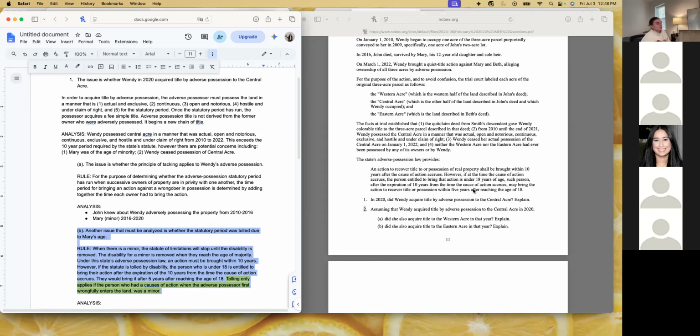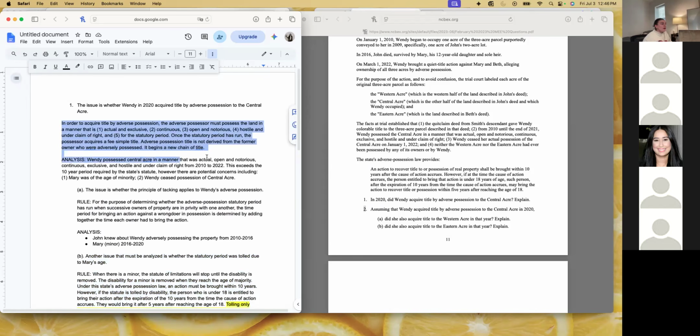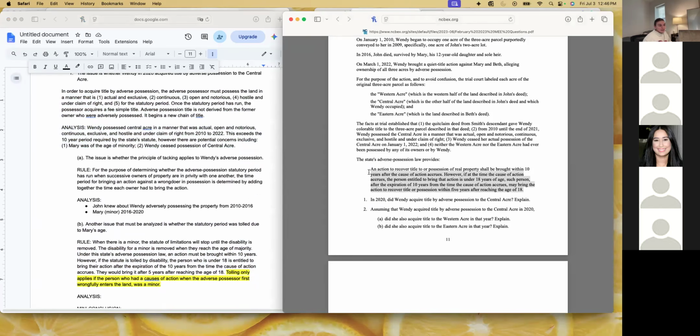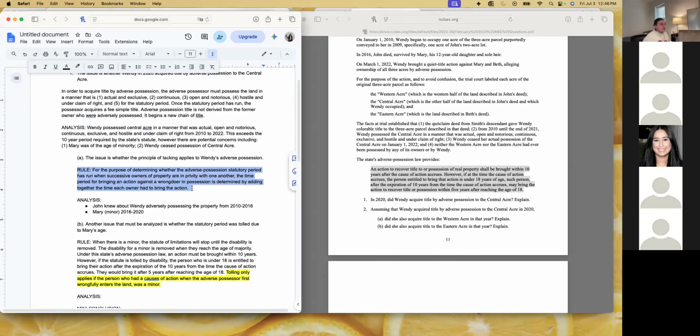So okay, let me re-explain this part of the question. We talk about adverse possession, and we know that it's continuous and it's clear and all of these things. But then we have this issue of her being 18, and we can tell that they want us to talk about the fact that she's of the age of minority. If there are ever two people that are owners of the property at the same time that someone is adversely possessing property, you need to talk about tacking to show that two different people have had a total of 10 years to bring the claim against the person who is adversely possessing the property.